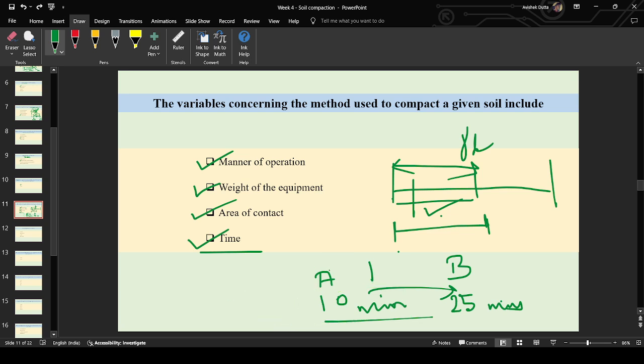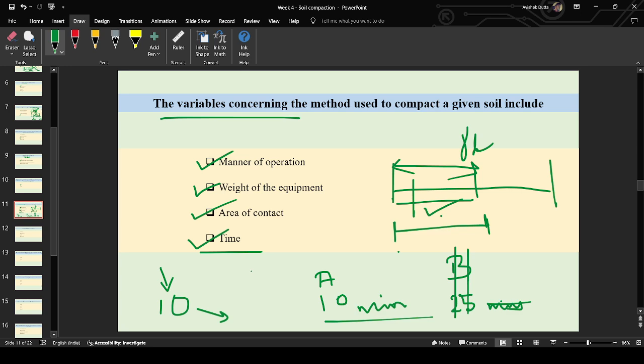The machine is doing the thing, the machine is compacting the soil. Now the number of blows is standardized to a value, I'll say it later. Suppose 10 blows it has to give, so 10 blows will take a certain amount of time, right?